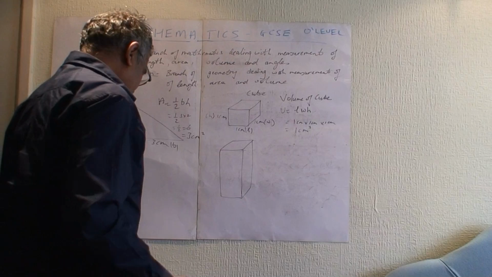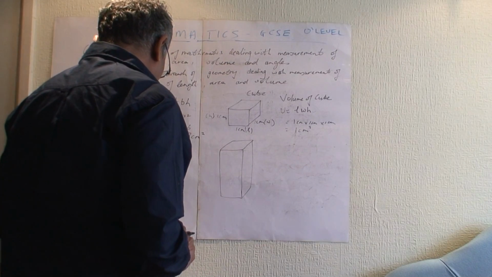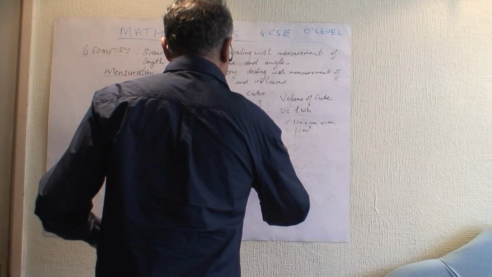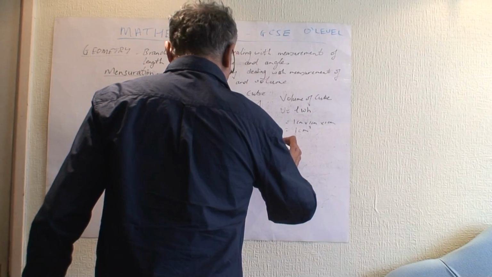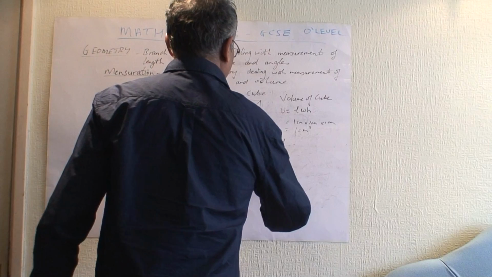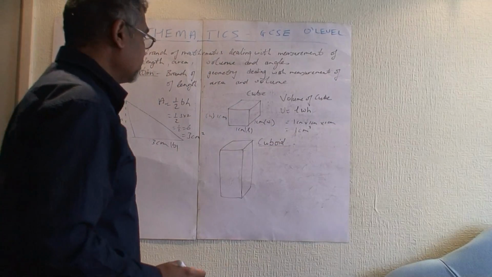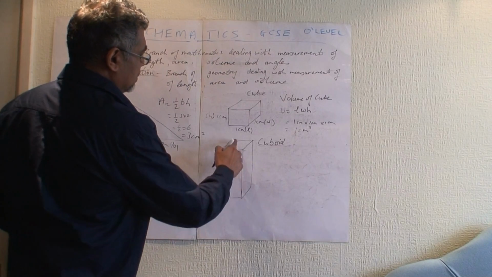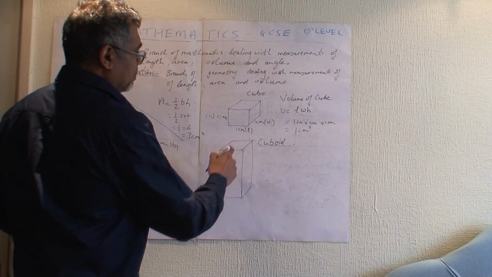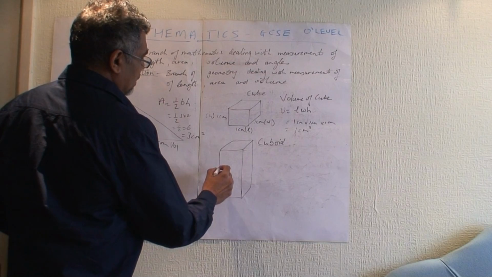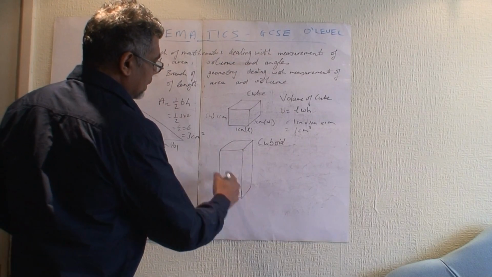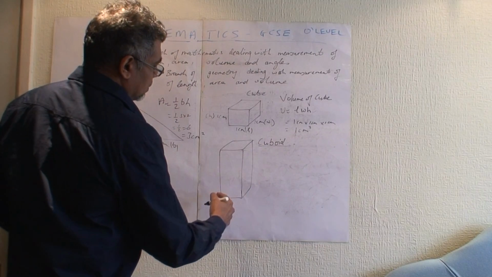So we call this one a cuboid, C-U-B-O-I-D. The base area is similar to the area of the top. This line is parallel to this one, and it's of equal length.